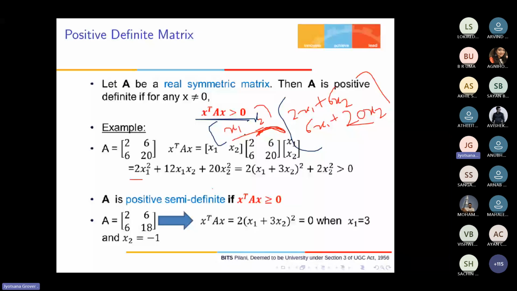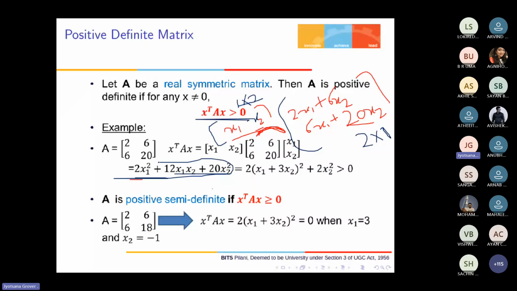So when you multiply this, what is the result? You will get a scalar, because it is 1 cross 2 times 2 cross 1. So that's why you get the scalar. This is just a scalar.